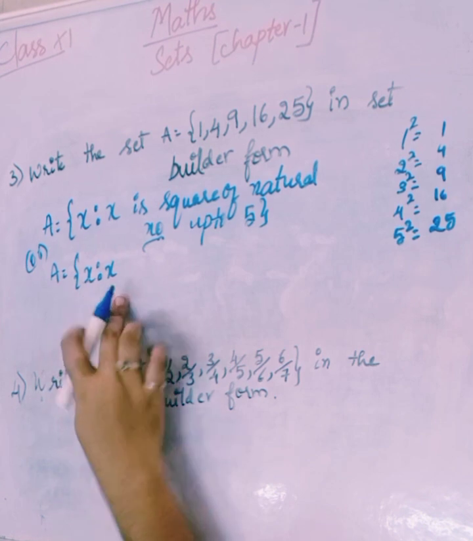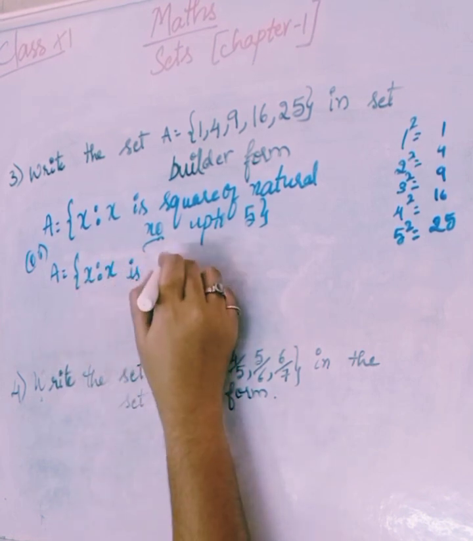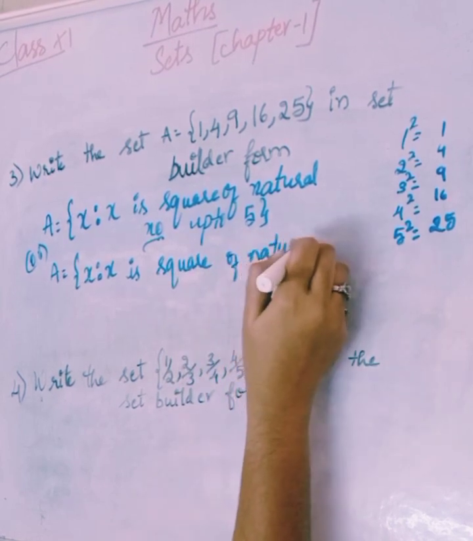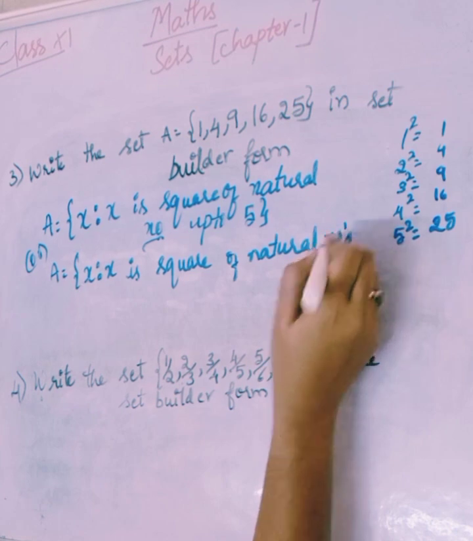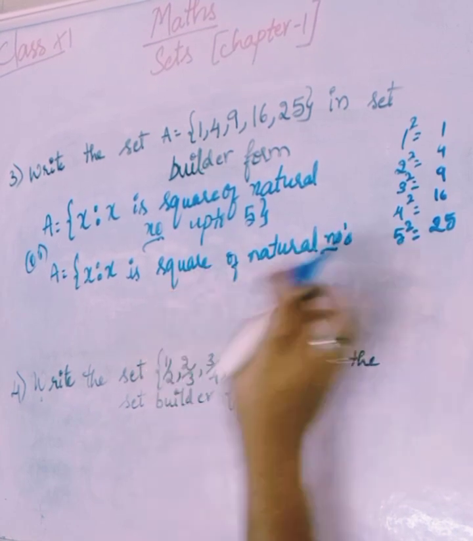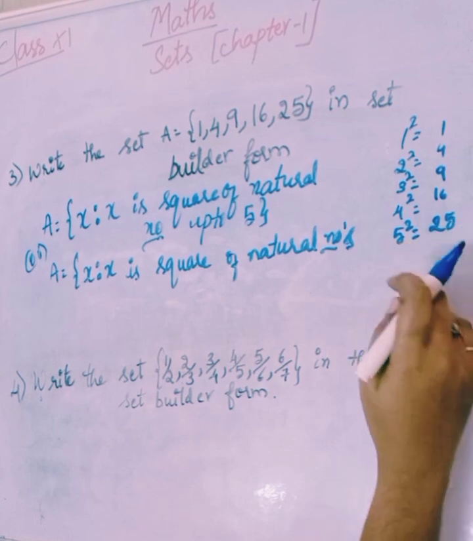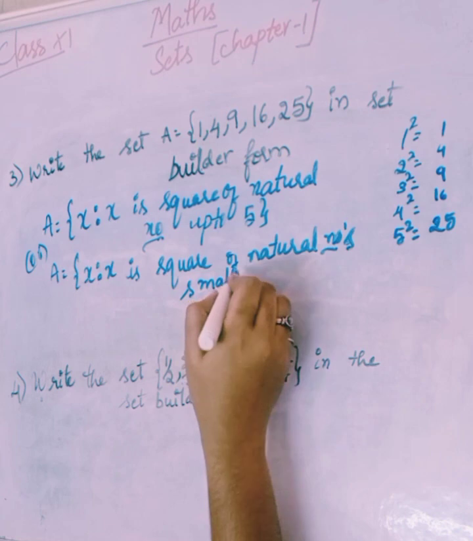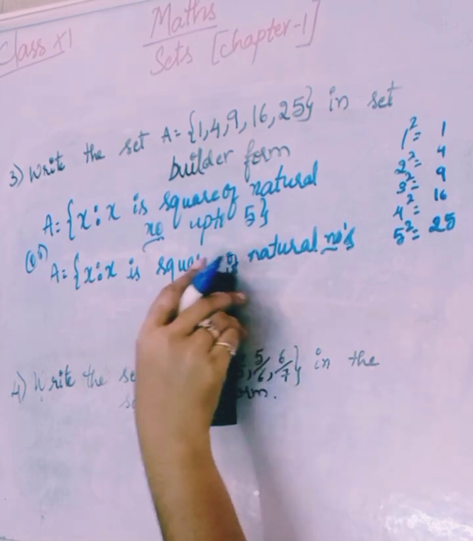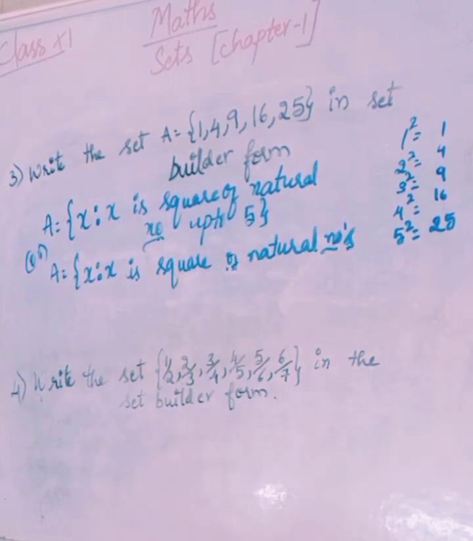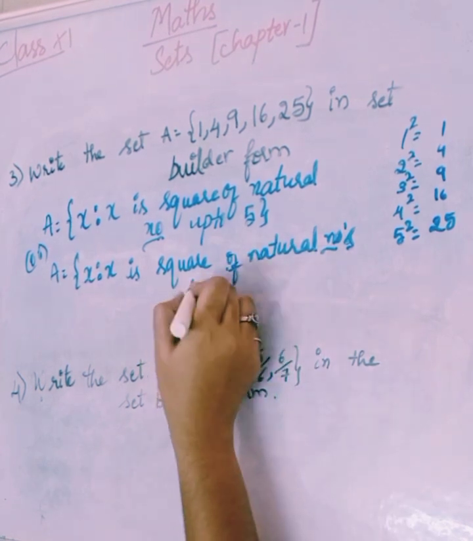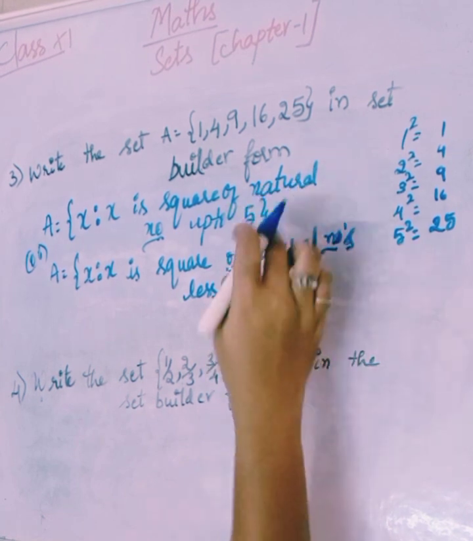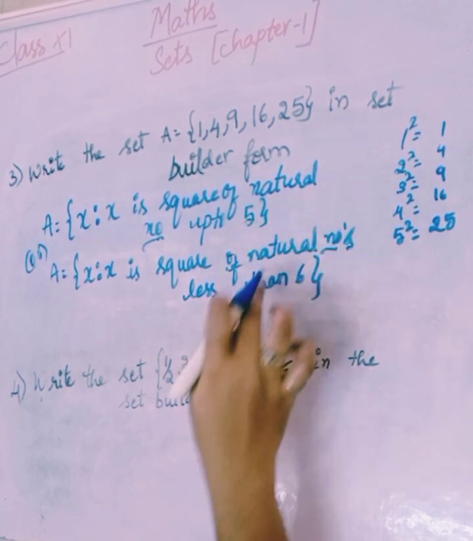Since we still have 5, not 6, instead of up to we can write less than 6. Both ways are correct. So you can write this one in this form also, or this form.